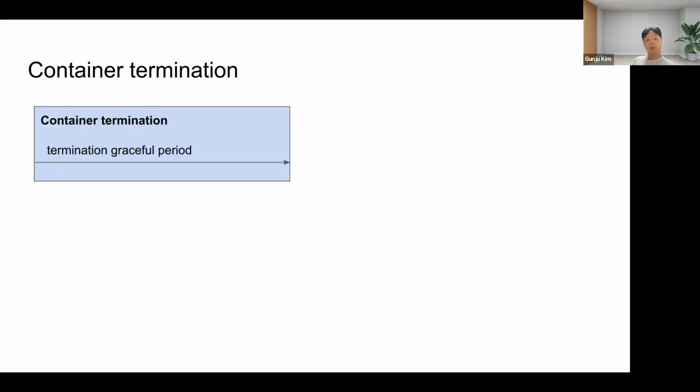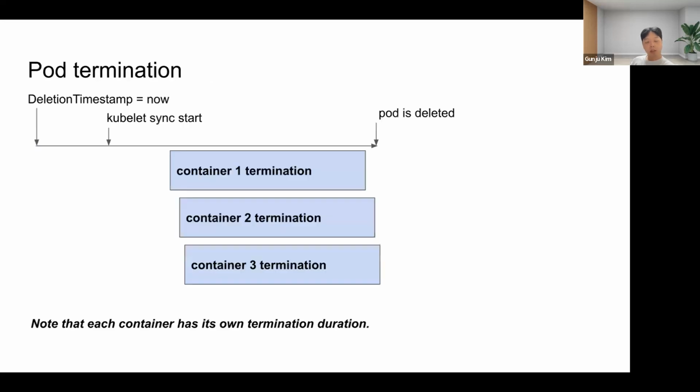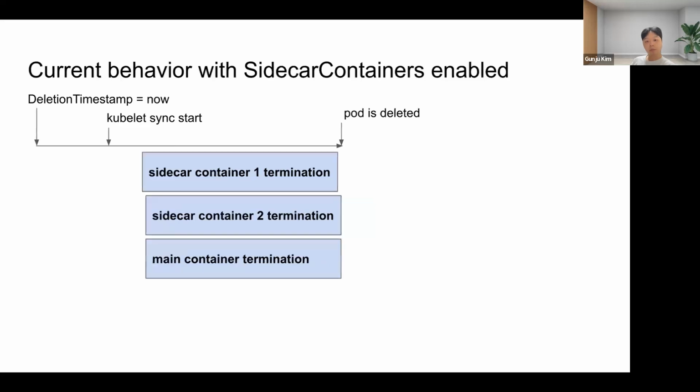So we can just say those scenarios are container termination. Then in terms of pod termination, there's a moment that the pod termination is requested and the kubelet sync starts, but each container is guaranteed to have its own termination duration in the current implementation.